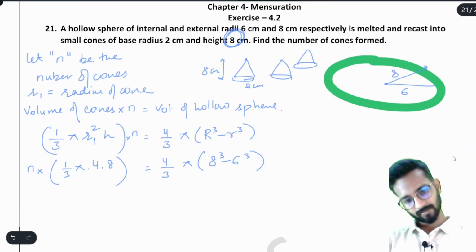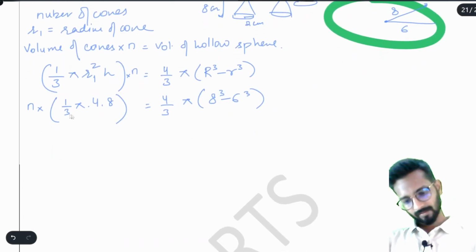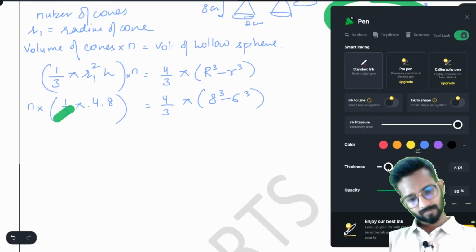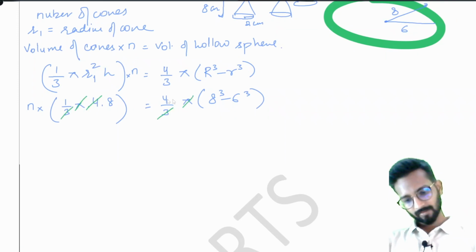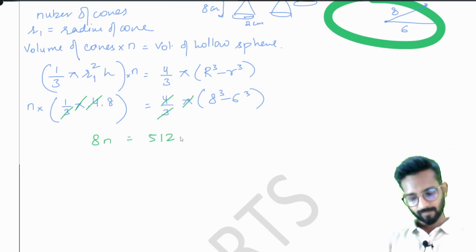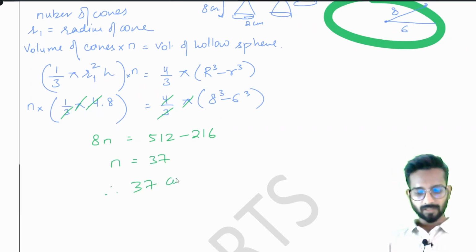So 3 cancel, pi cancel, 4 cancel. So 8n is equal to 8 cube is 512 minus 6 cube is 216. So n is equal to 37. Therefore 37 cones can be made.